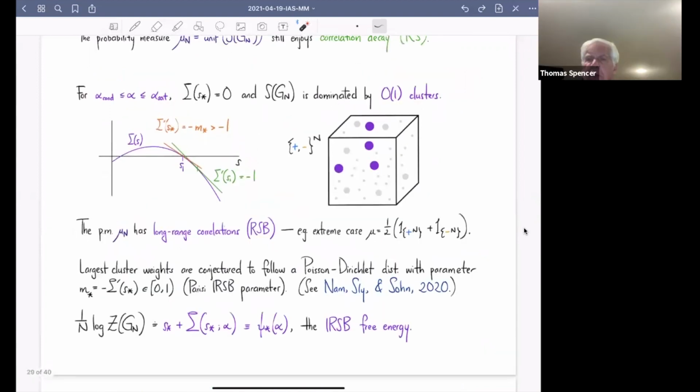And is this going to be common for many of these mean field type models? It should be, yes. It's not particular to this particular model. You'll have it in other cases. Only the value of M is particular to this model, of course, but otherwise it's the same distribution.